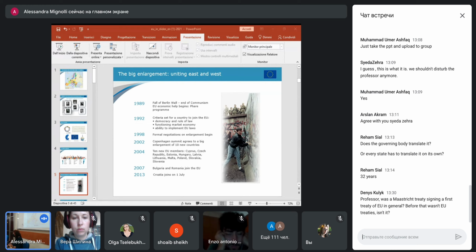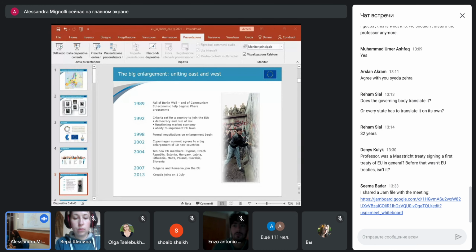So that's also an enlargement, because by joining the German Republic, the new Länder also became part of the territory of the communities. Is that clear? So there was an expansion of the territory of the Union to the new part of Germany that joined the western part.